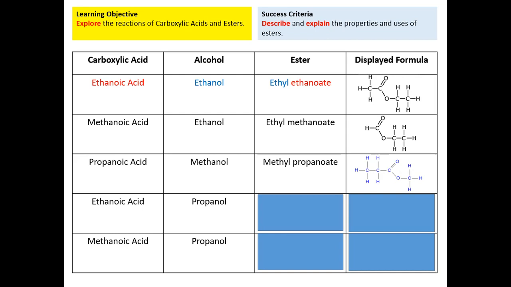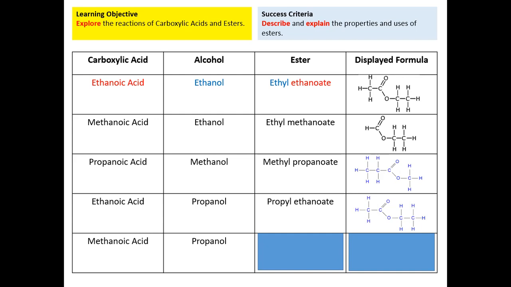So moving on, propanol would become propyl. Ethanoic acid, as we know from the top one, would become ethanoate. So propyl ethanoate. You can just copy the first part of the top diagram, so you would have 2 carbon atoms with your C double bond O, and then your O coming off from the propanol, which has 3 carbon atoms.